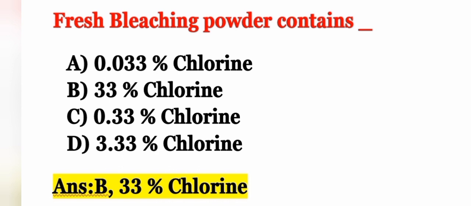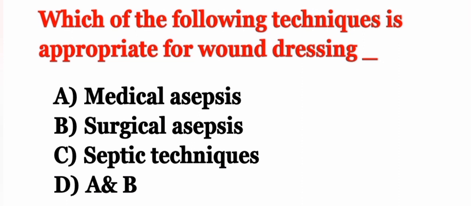The next question, which of the following techniques is appropriate for wound dressing? Option A medical asepsis, option B surgical asepsis, option C septic technique, option D A and B. Which technique is used in wound dressing?